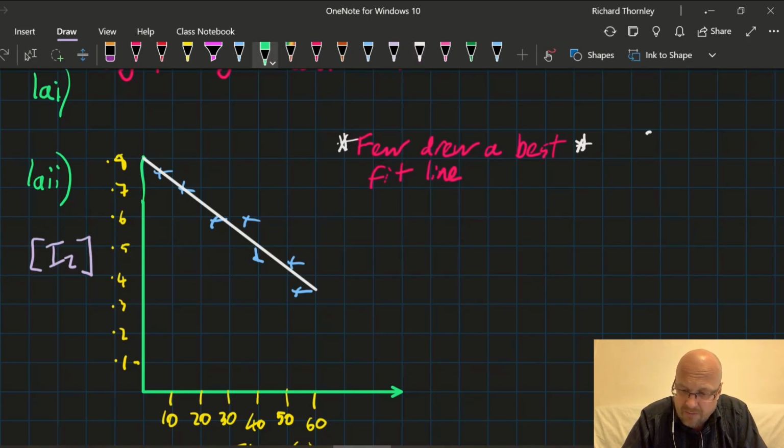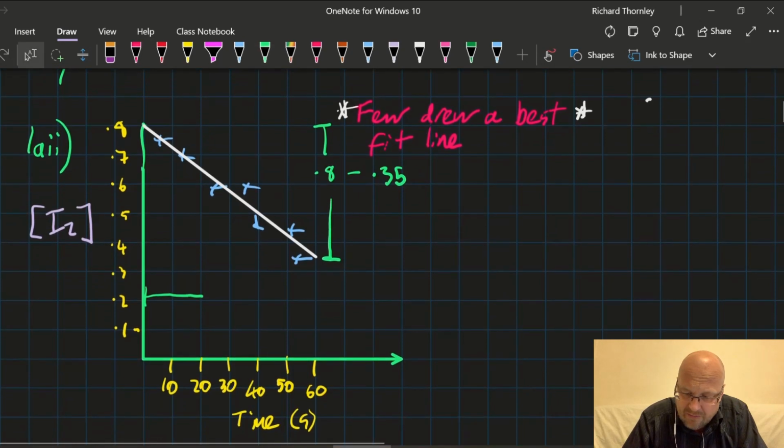So rise, that looks like it's going from 0.8 till 0.35. And how far across is that? Isn't that 60 seconds? 60 seconds. So I'm going to do rise over run.